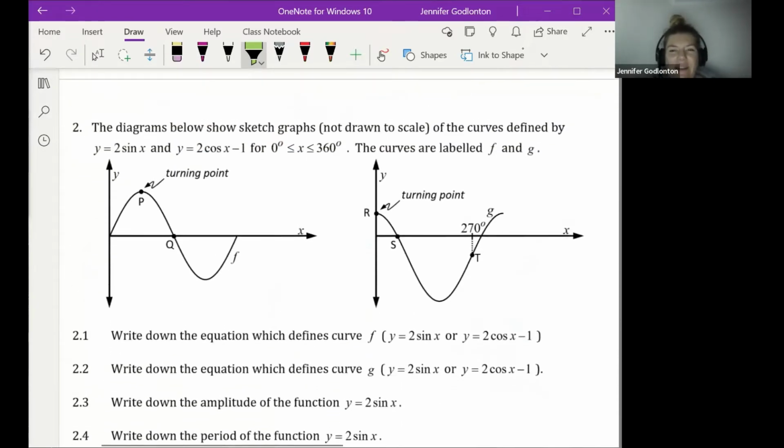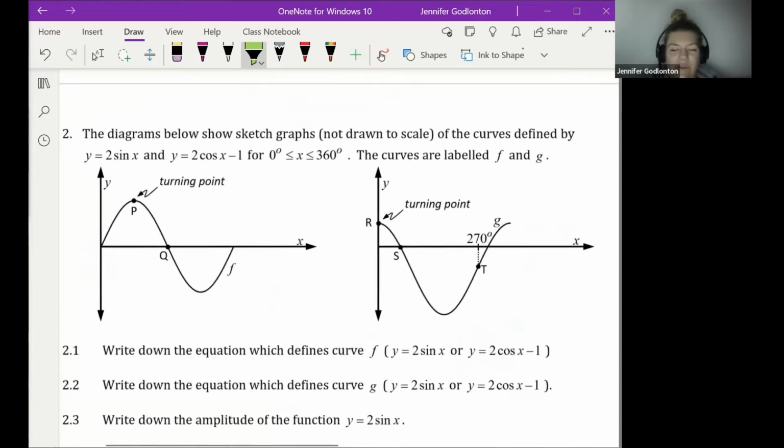Okay, next one. This one's also, I tried to go for slightly different questions.